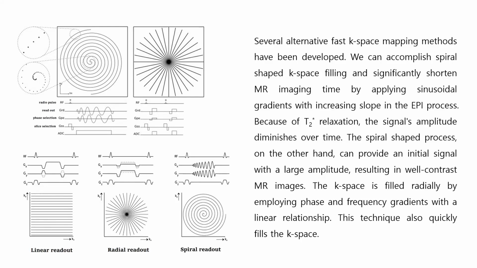There are several patterns which are used clinically. Several alternative fast k-space mapping methods have been developed. We can accomplish spiral-shaped k-space filling and significantly shorten MR imaging time by applying sinusoidal gradients with increasing slope in the EPI process.